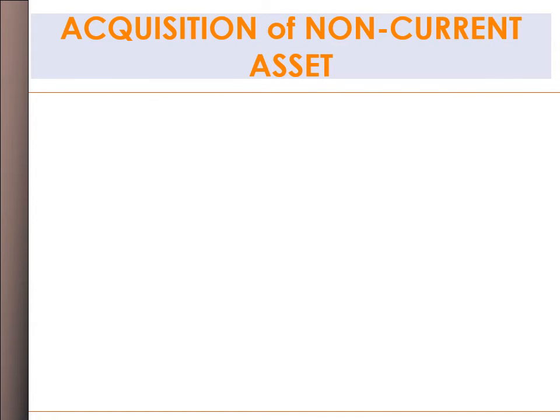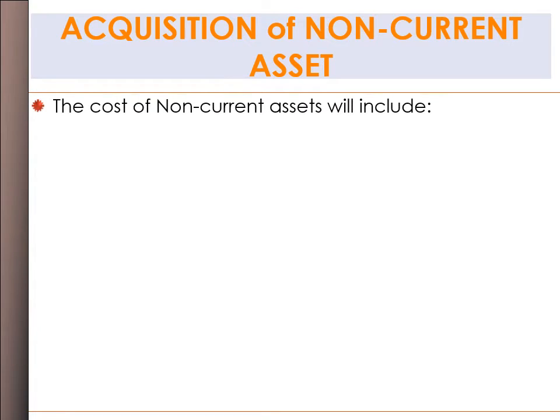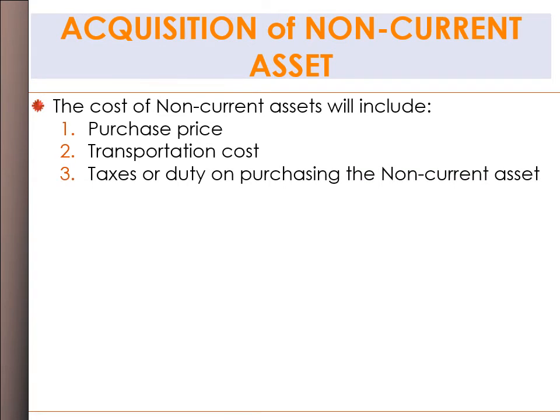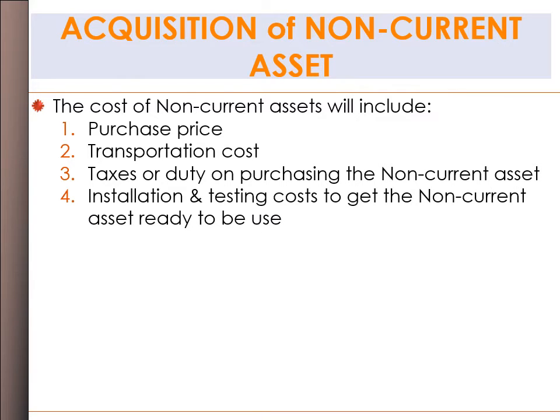When we buy a non-current asset, the cost of the non-current asset will include the purchase price of the asset, the transportation cost that it may incur to bring the non-current asset to the business premise, and any taxes or duty imposed on the non-current asset that you need to pay first before you actually receive the non-current asset.